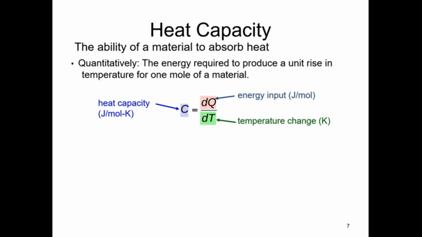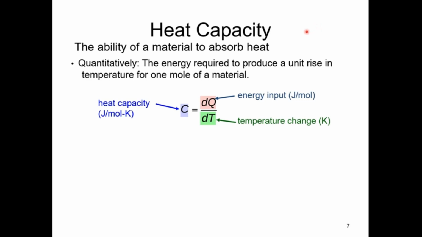One of the properties that we can measure is heat capacity. Heat capacity is a property that is indicative of a material's ability to absorb heat from the external surroundings, and it represents the amount of energy required to produce a unit, 1 degree, temperature rise.